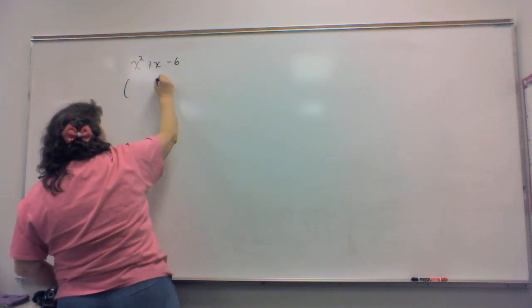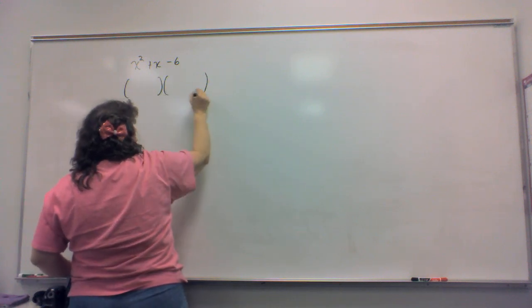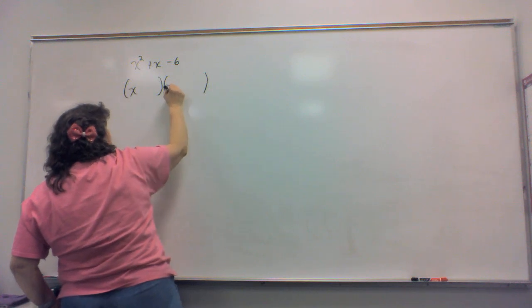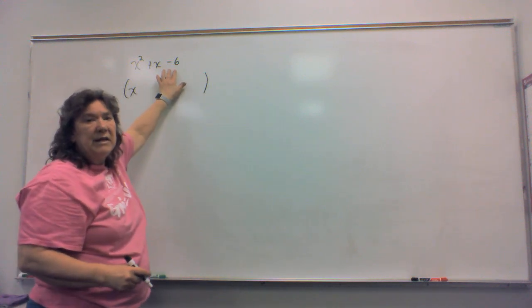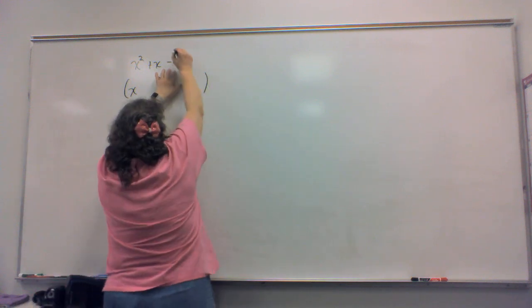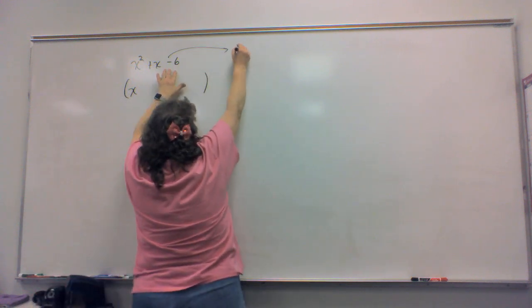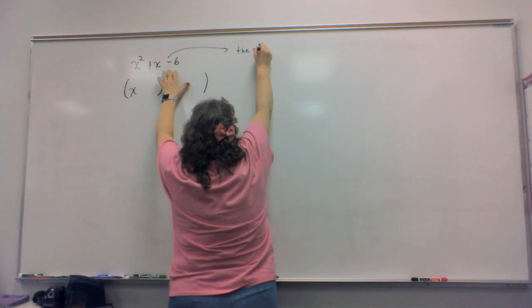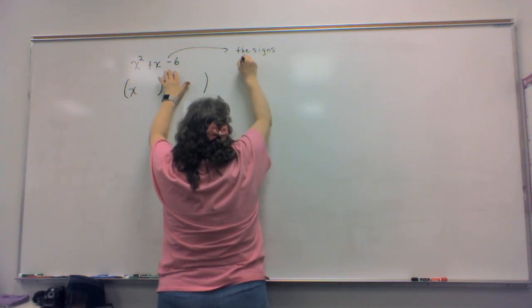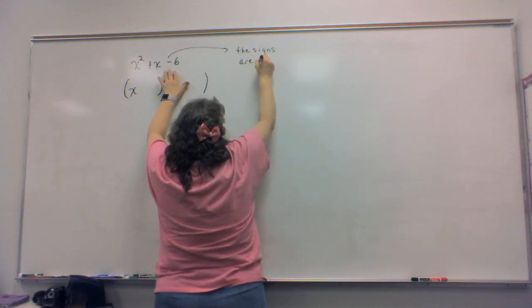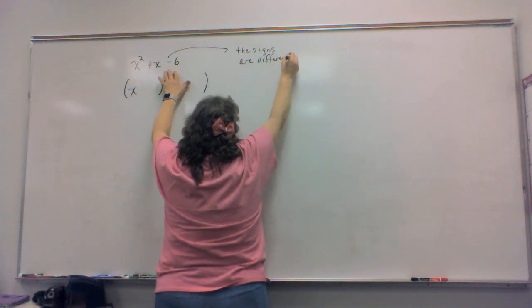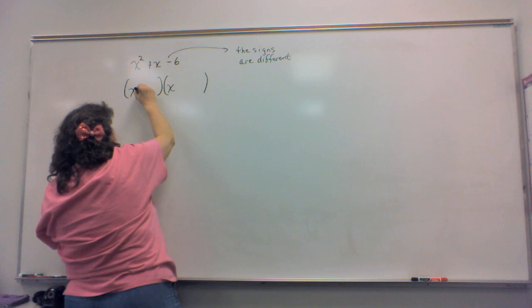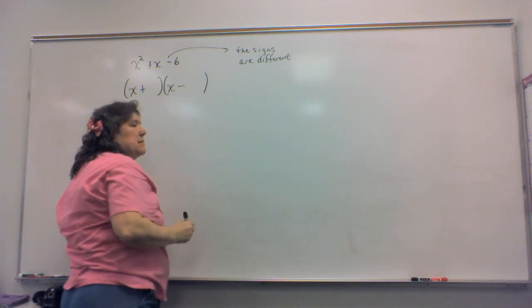Now again, you know you're going to have two binomials, x times x. But I now have a negative 6. This sign tells you the signs are different. That means one will be plus and one will be minus.